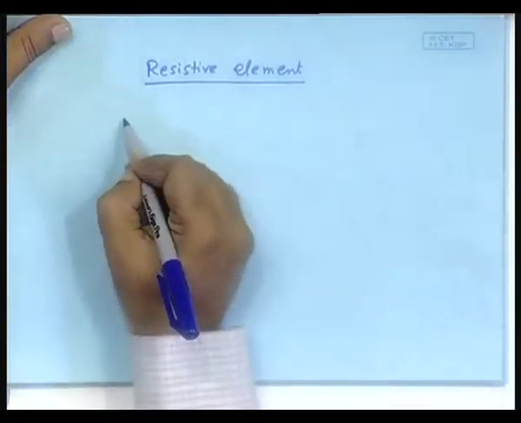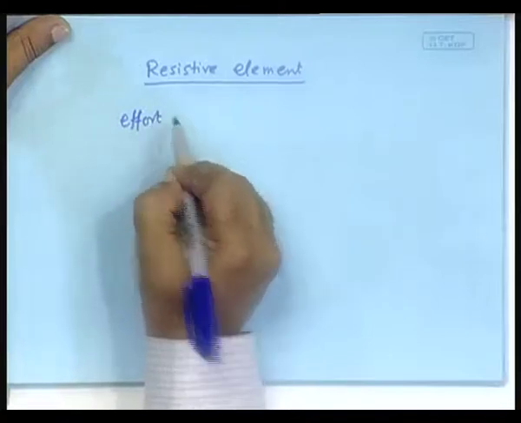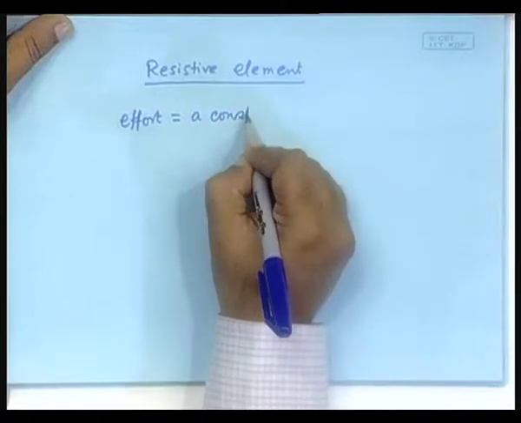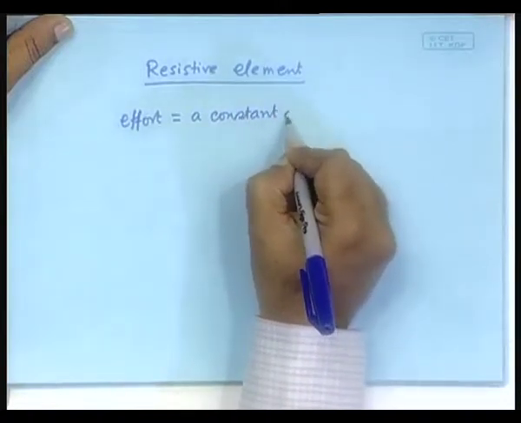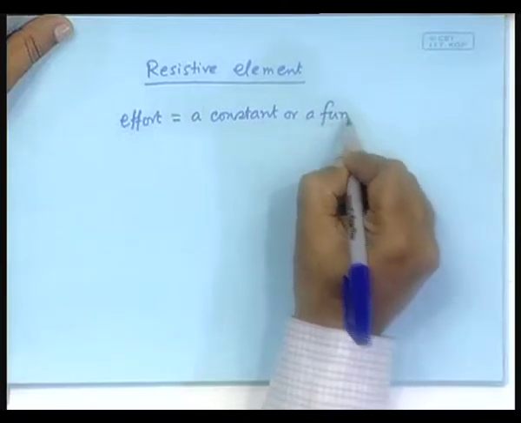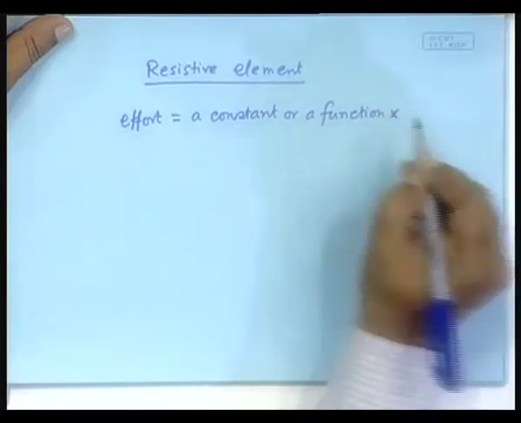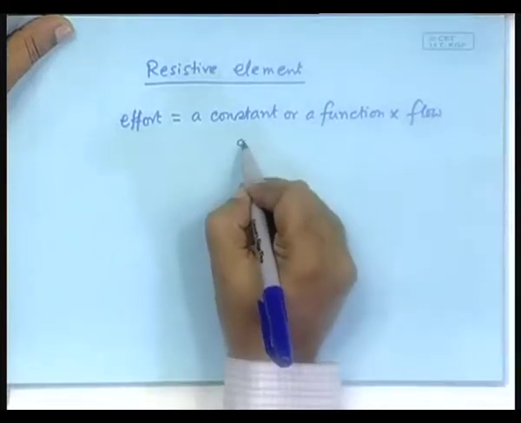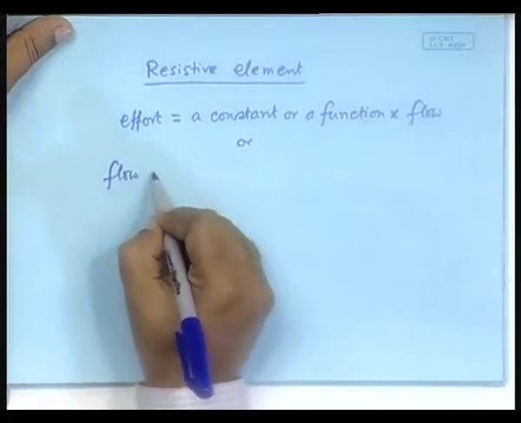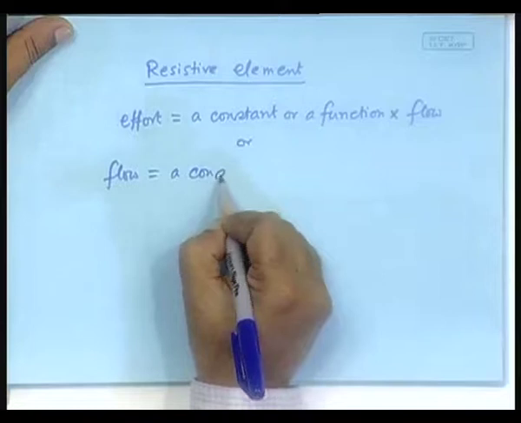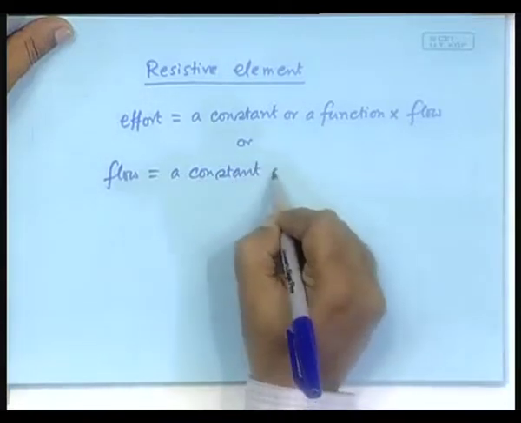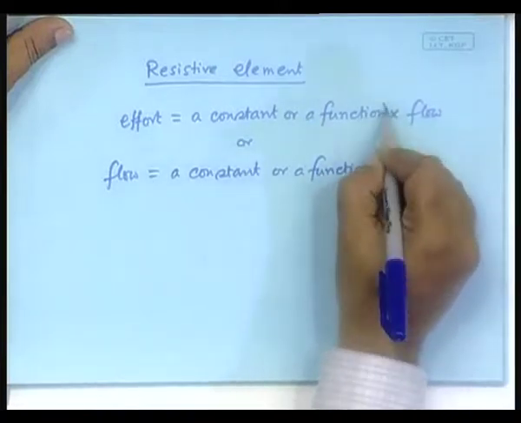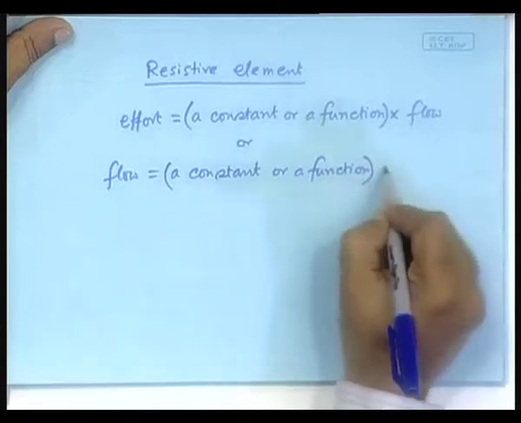It is that the effort is equal to a constant or a function times flow, or flow is equal to a constant or a function times effort.